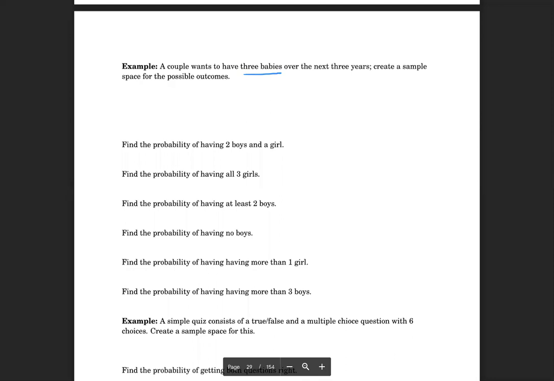Now, here is one of the things I'm assuming: it is going to be either boy or girl, no other gender, and no twins of the same gender or anything, okay? Or no twins at all. Keeping the example simple. It's going to be either a boy or a girl, and they will have one baby per year.